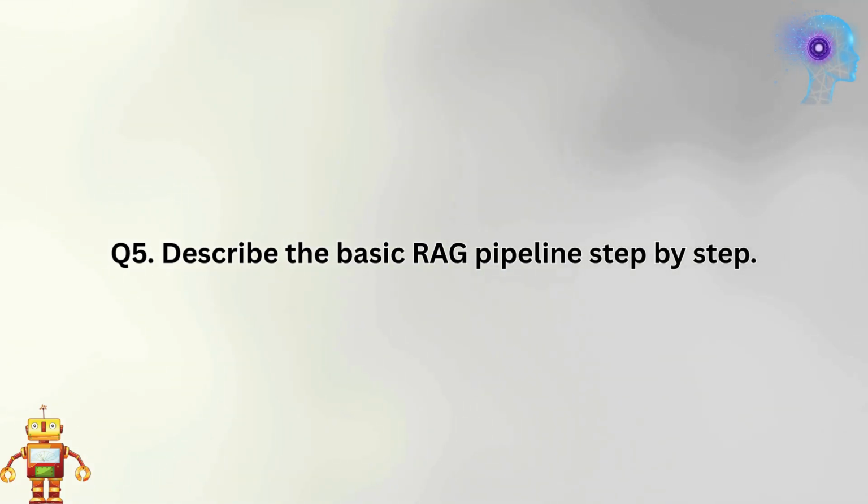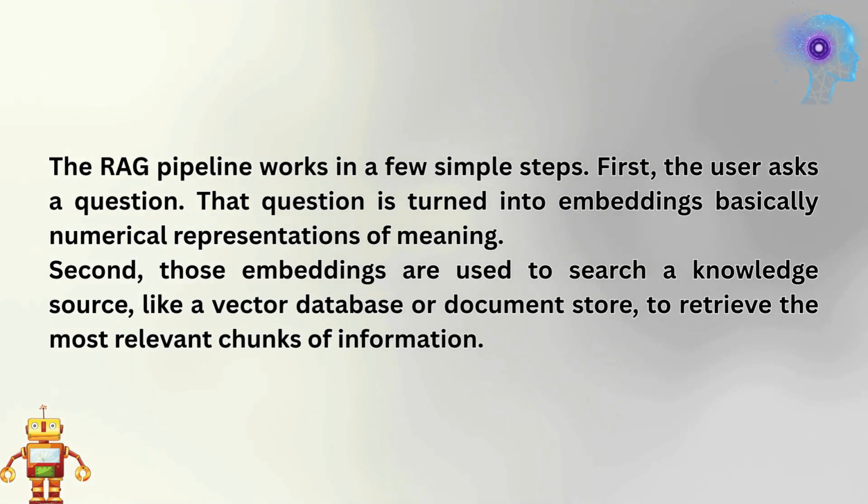Describe the basic RAG pipeline step by step. The RAG pipeline works in a few simple steps. First, the user asks a question. That question is turned into embeddings, basically numerical representations of meaning. Second, those embeddings are used to search a knowledge source, like a vector database or document store, to retrieve the most relevant chunks of information.